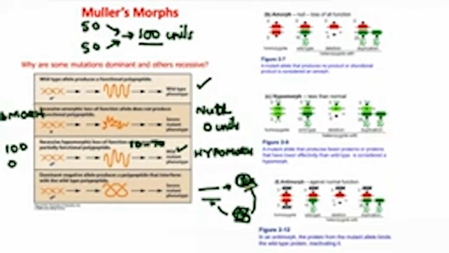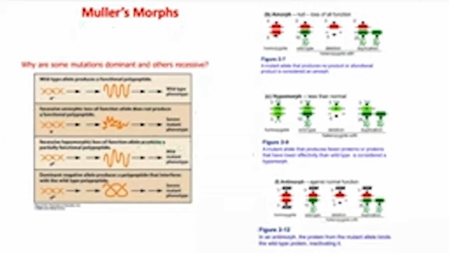This is called a dominant negative allele, in the sense that one allele not only doesn't contribute, it chats to the other protein which is made by the other allele, which is normal, but somehow influences it not to function. Okay, this is called a dominant negative allele. Fine.